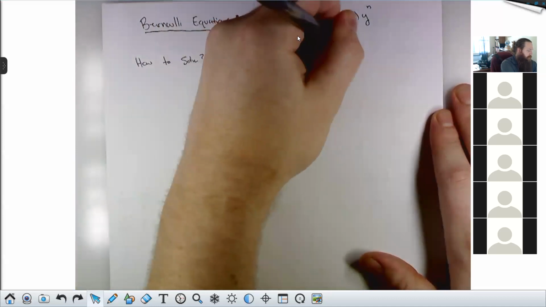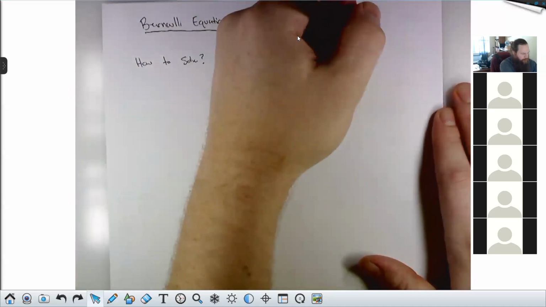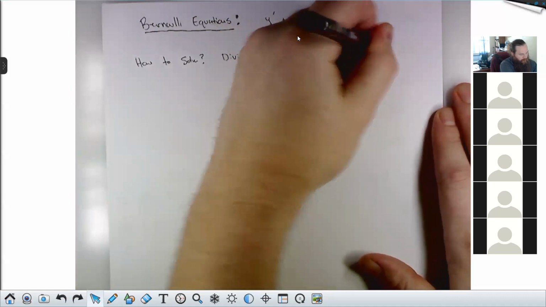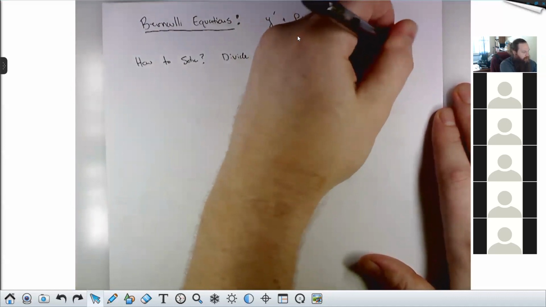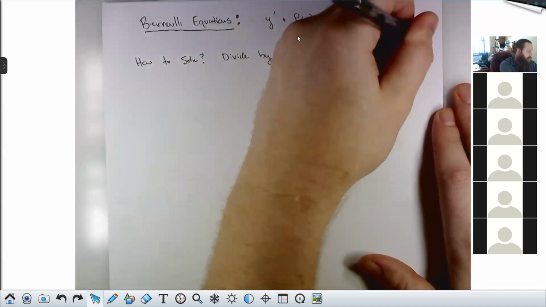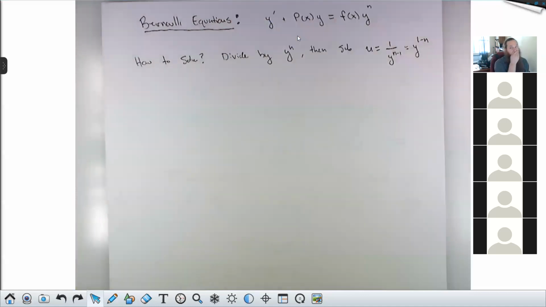Then sub. Your book uses the variable u equals 1 over y to the n minus 1, which is the same as y to the 1 minus n. That's basically the deal. At the end of this, again, either separate variables or use integrating factors. These you'll sometimes need to use an integrating factor for.